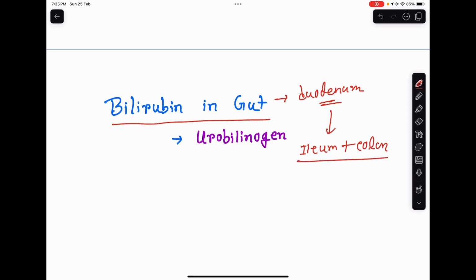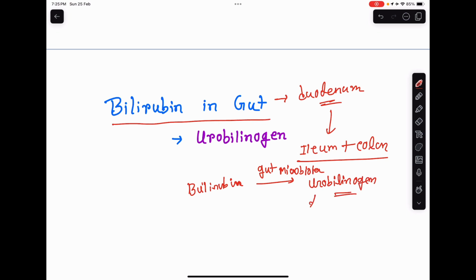Bilirubin is acted upon by gut bacteria, gut microbiota, and it is converted to urobilinogen.